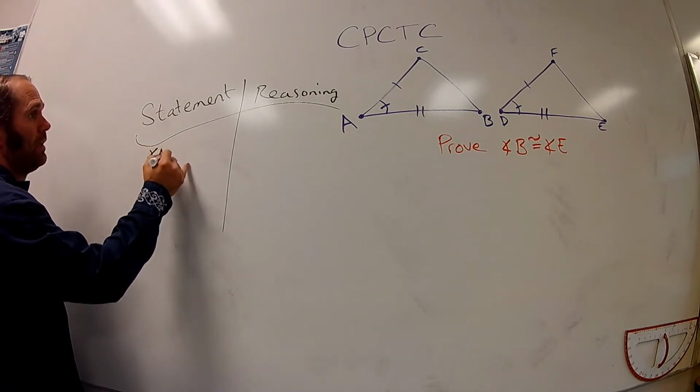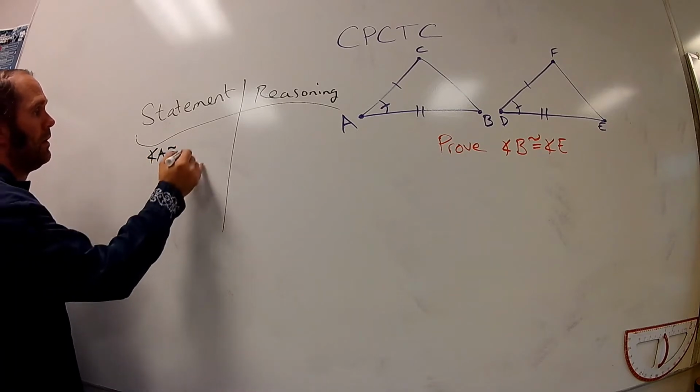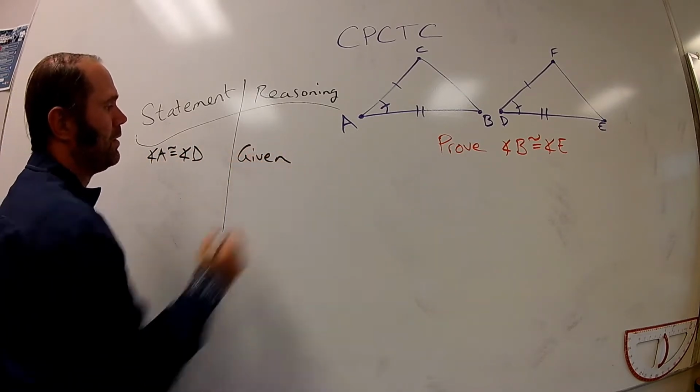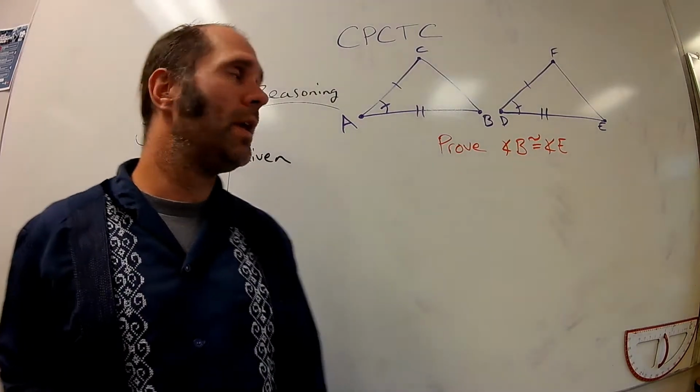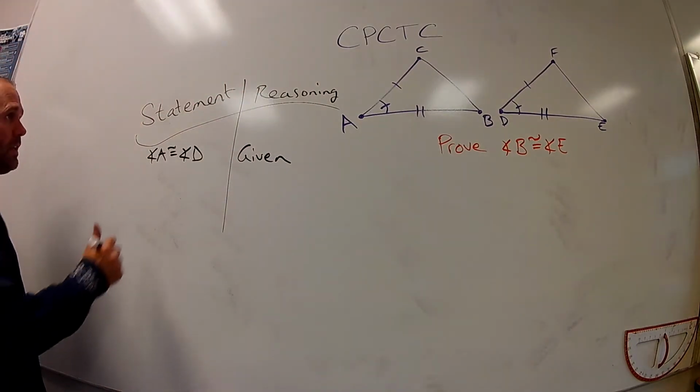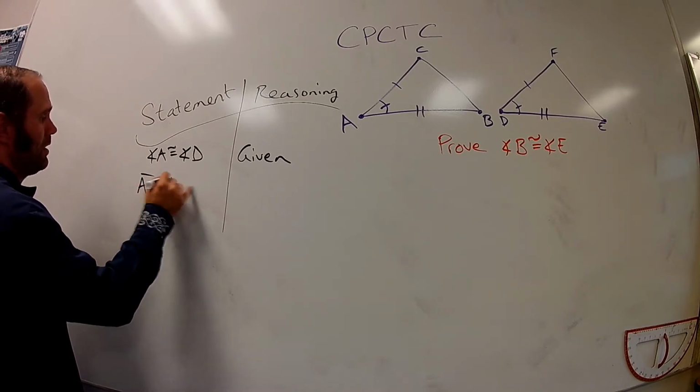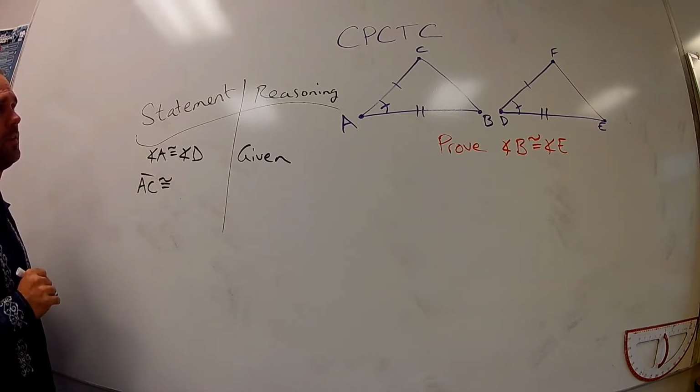angle A is congruent to angle D, and that was given. So that was nice of them. The next thing that we're given is that segment AC is congruent to segment FD.